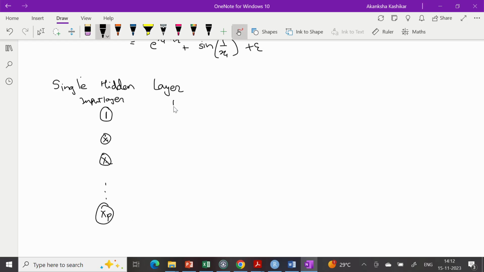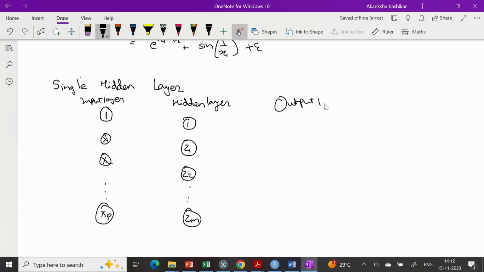Then a hidden layer, what will a hidden layer have? A hidden layer will have new variables: 1, z1, z2, up to zm. These are m newly constructed variables, and it will also have some constant. And then I will have an output layer which will give me y.